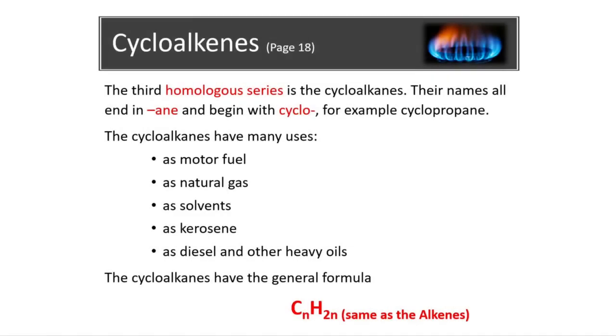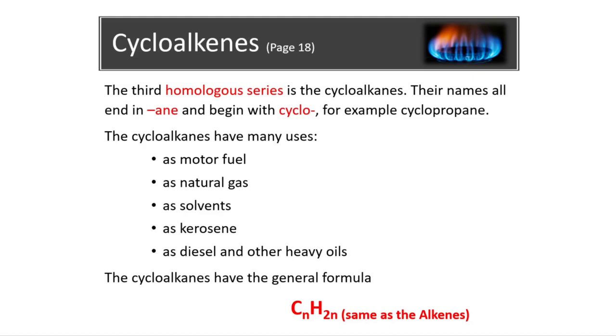And just to quickly recap, the cycloalkane names all end in ANE, telling us they only have single bonds. They begin with the prefix cyclo, telling us that they are circular, ring structures, and as usual, they are very useful substances that can be used in fuels and solvents and all sorts of other uses as well.